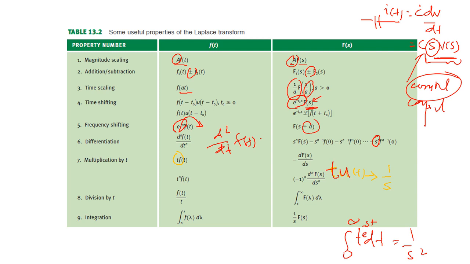So t u of t is same as t, because the integration of this is depicting this u of t. Multiplying by t brings another s with it, so it becomes 1 over s square. This same phenomenon will occur if we multiply by n value. So for t power n we would have 1 over s power n plus 1 here.